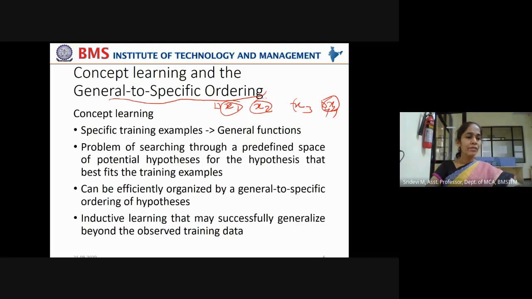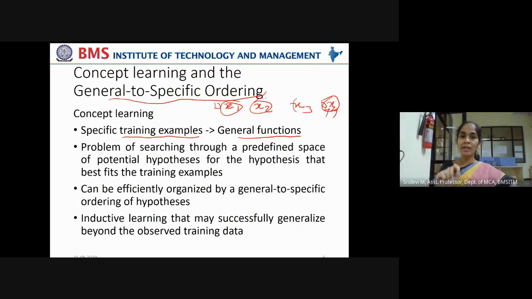Okay, we have another 10 minutes. Now let us understand this concept learning in simpler terms. Concept learning is nothing but learning general functions from specific training examples. If this is a survey about the human population and making some statement, it is a general statement.